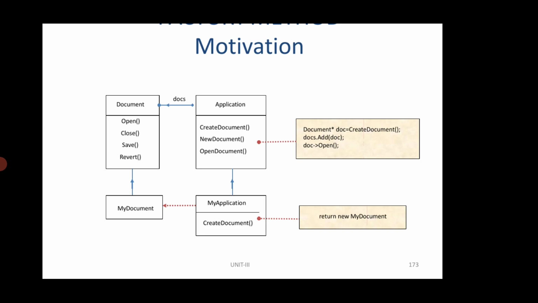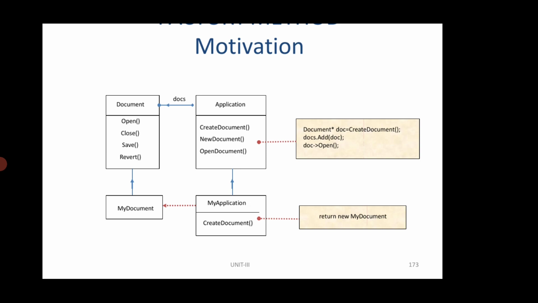The subclass to instantiate is application specific, so the application class can't predict the subclass of document to be instantiated. So the application class only knows when a new document should be created, not what kind of document to be created.